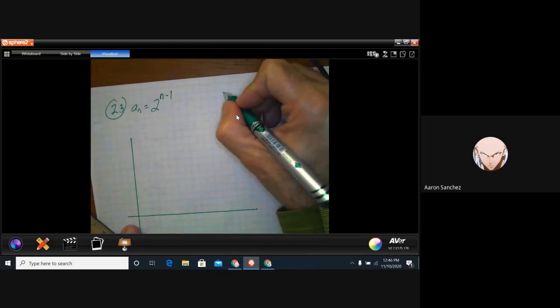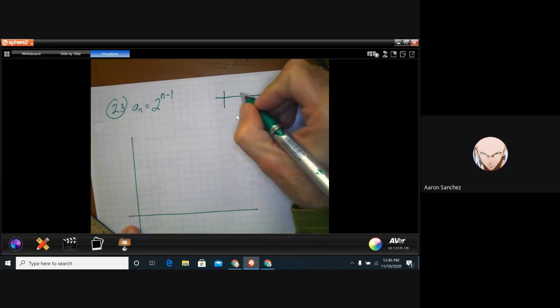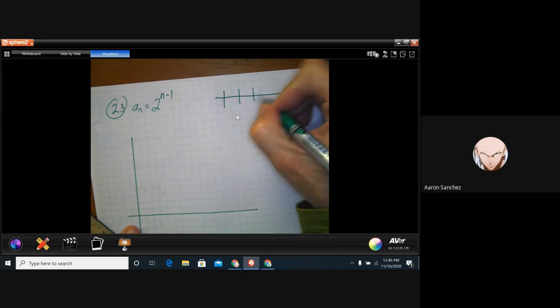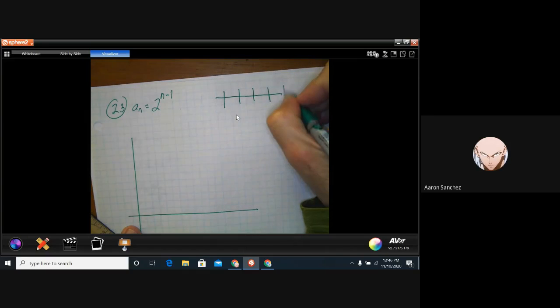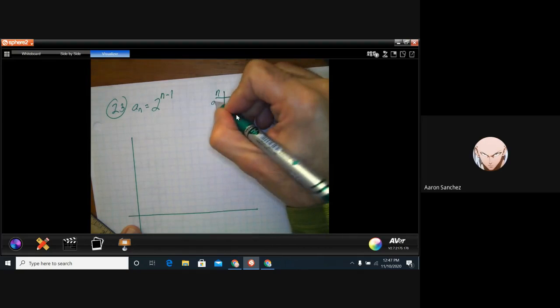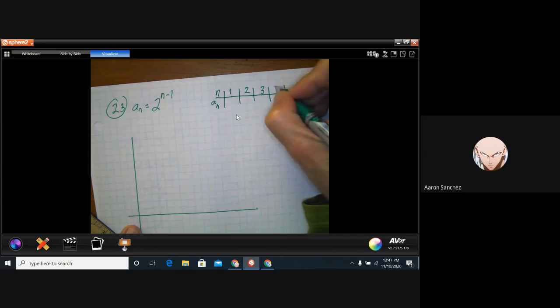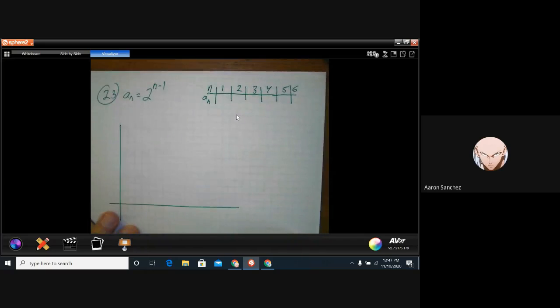Let's make a little table here. So here is our term, here is our term solved: 1, 2, 3, 4, 5, 6. I have to graph the first 6 terms.